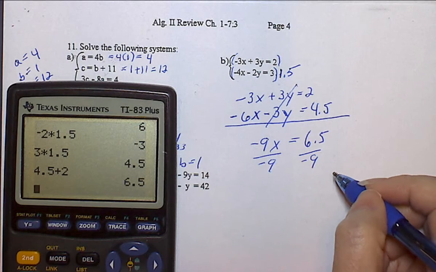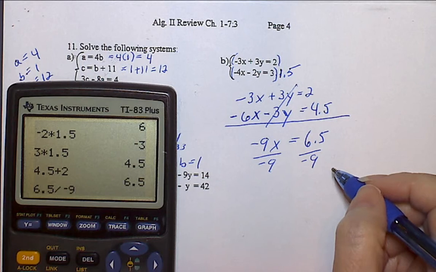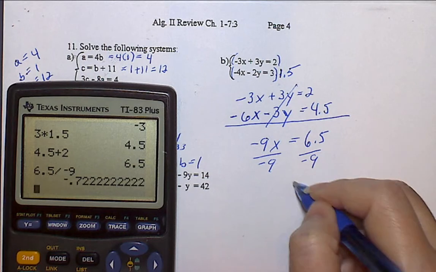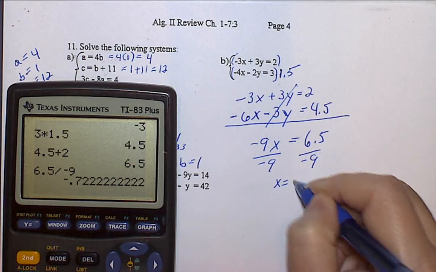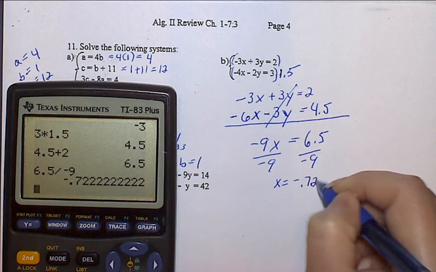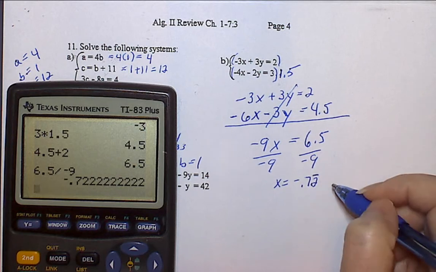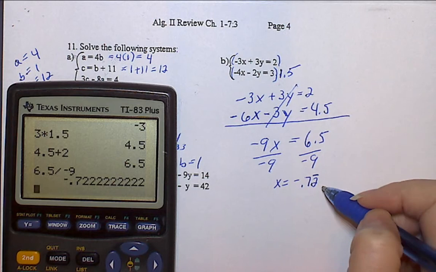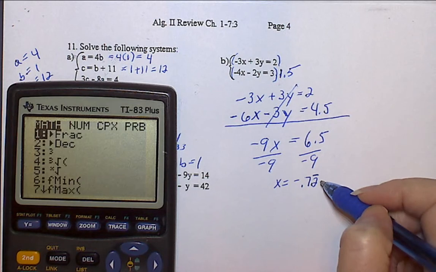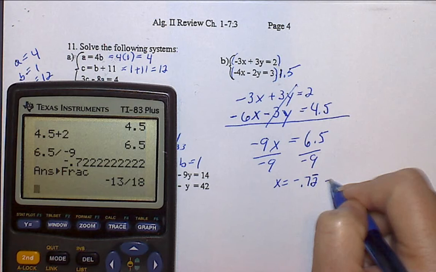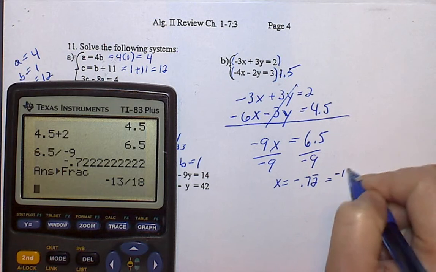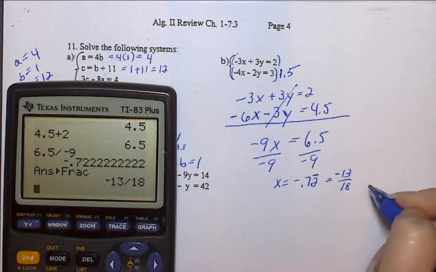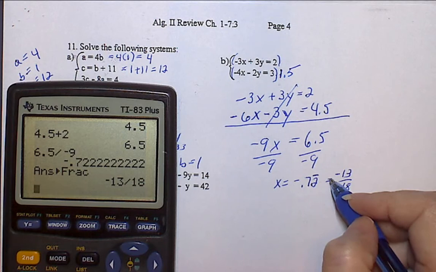So I have 6.5 divided by a negative 9. Alright, x is equal to a negative 0.72 repeating. So I'm actually going to put that in as a fraction. So I'm going to go math fraction to see what that is, which is negative 13 over 18, so that I don't round right away.